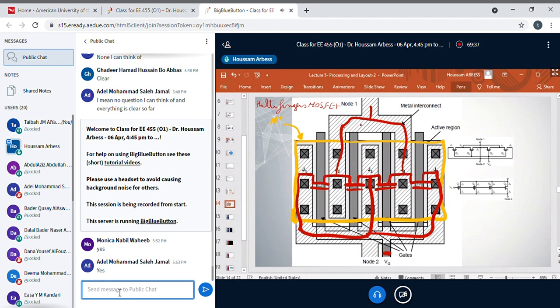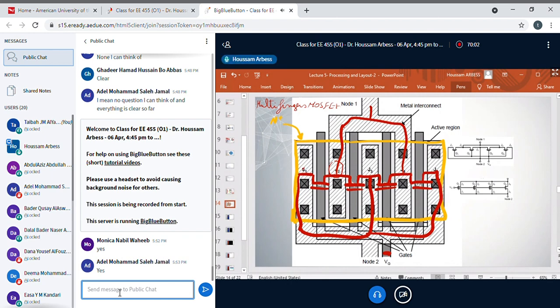So here, if the one on top is the drain and the one on the bottom is the source, this junction is the drain for Q1 and for Q2. Sorry, Q2 is here. And this junction is the drain for Q3 and Q4.